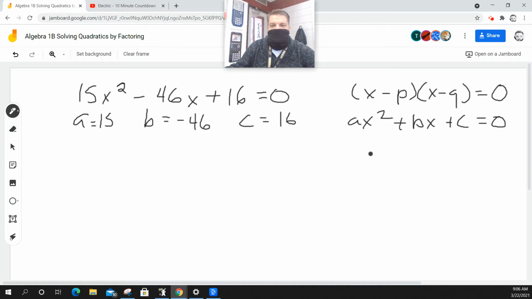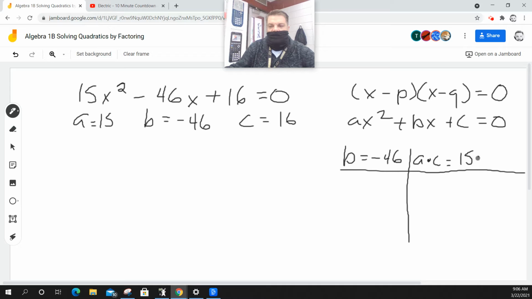So now the AC method works like this. I'm going to try and find two terms that when I add them up, they equal negative 46. But when I multiply those same two terms, they equal a times c, or in this case, 15 times 16.